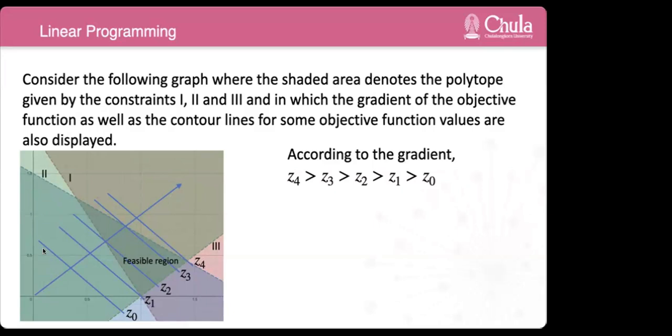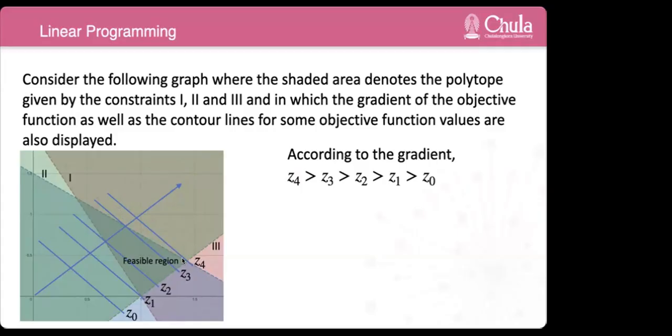All the points on this line have the same value of objective function. So we should go further along this gradient until we reach the last point which remains inside the feasible region.